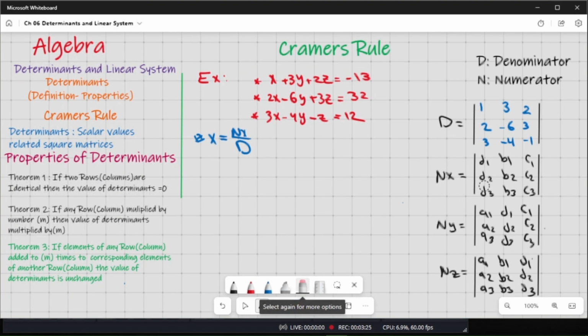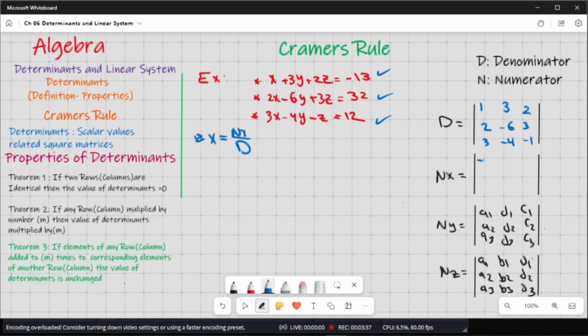For nx, replace the coefficients of x by the free terms: negative 13, 32, 12, then 3, negative 6, negative 4, 2, 3, negative 1.